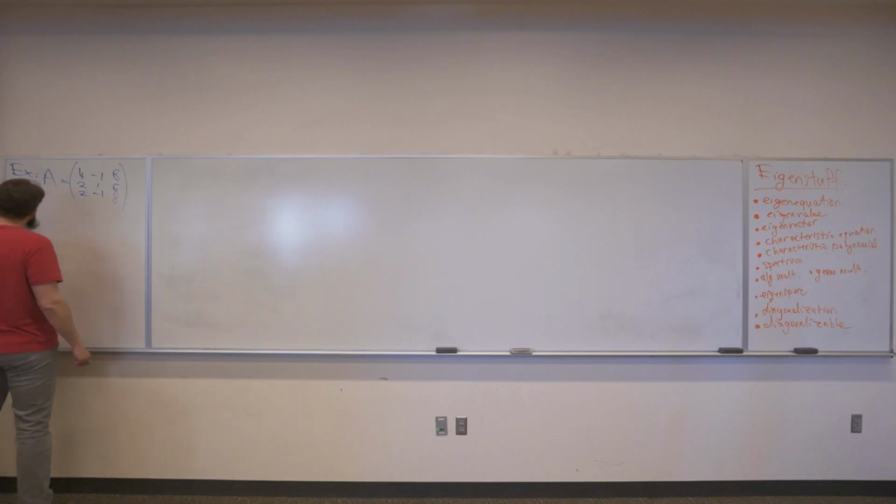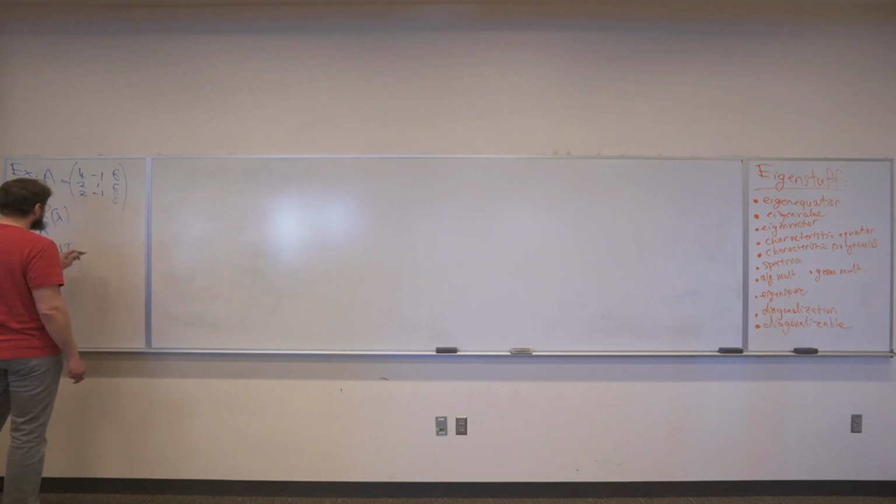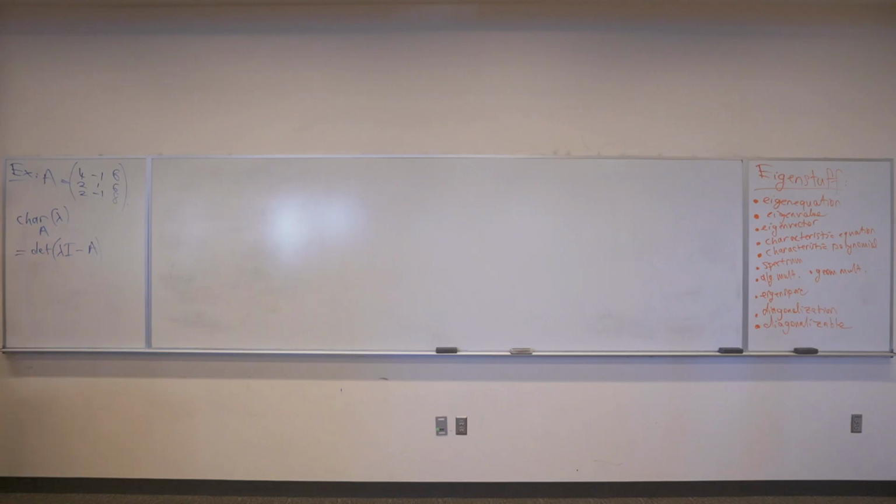So this was the characteristic polynomial. I'm thinking of it as a polynomial with lambda as the variable. And so this is, by definition, determinant of lambda I minus A. And we did some calculations last time, and we figured out that this ultimately looks like this.